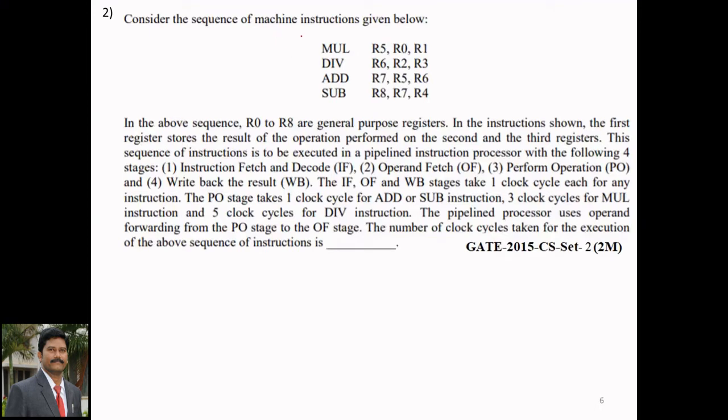Consider the sequence of machine instructions given below: multiplication, division, add, subtraction. 4 instructions are given, using registers R0 to R8.